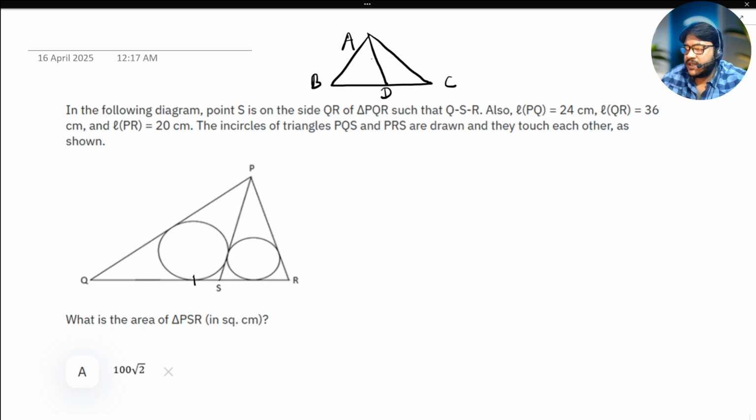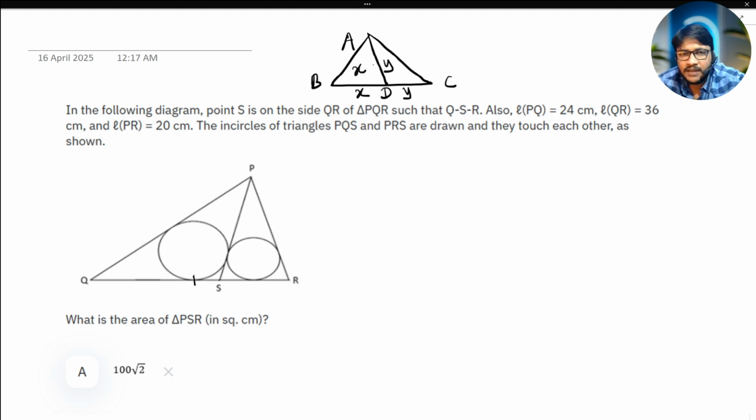So by the very virtue of this AD line, the BC line gets intersected in the ratio x is to y, and because of that, the ratio of the areas of the triangles ABD to ADC will also be in the ratio x is to y. I'm not saying that the actual values will be x and y, but the ratios will be in this thing.